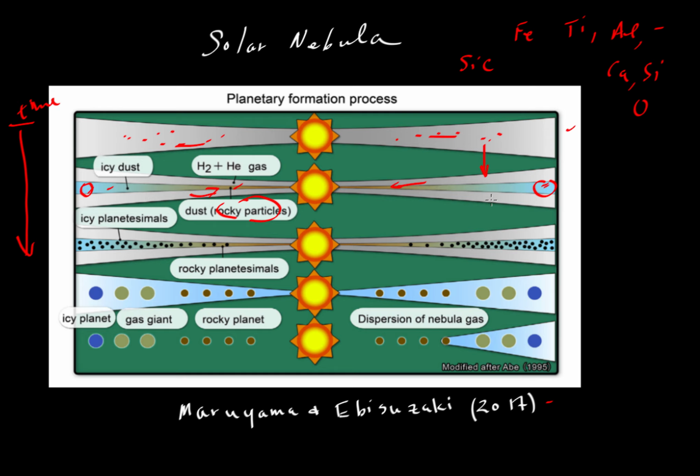As the entire system cools, we move down to this level here. So this is T1, the earliest time. This is T2. Now here's T3 at some later time. Those rocky particles are beginning to coagulate to form larger bodies that are called planetesimals. A planetesimal is quite literally just a building block.